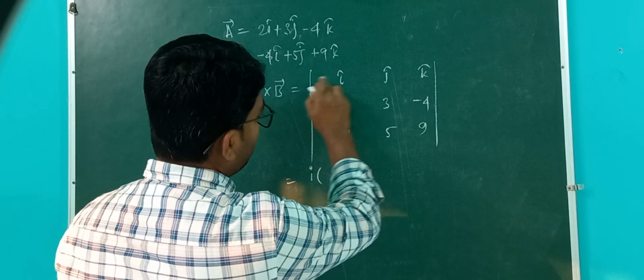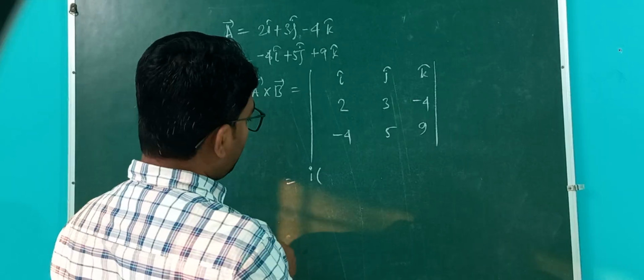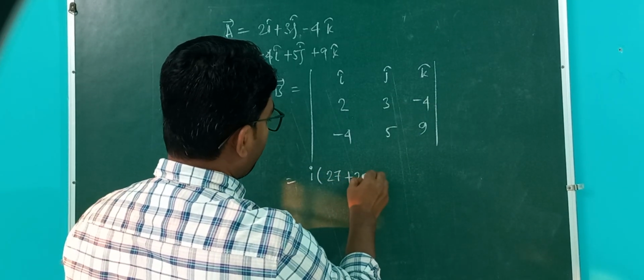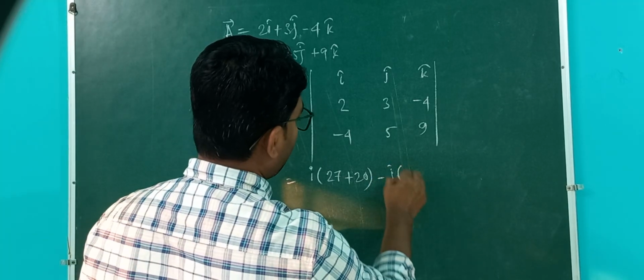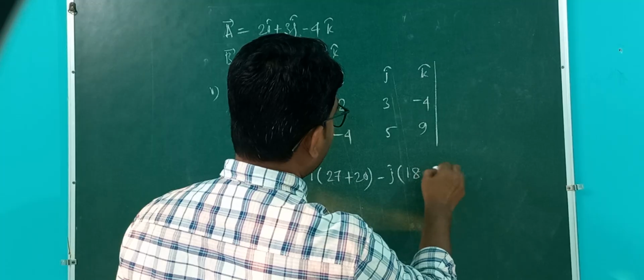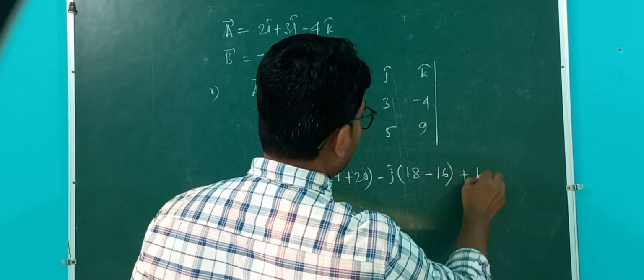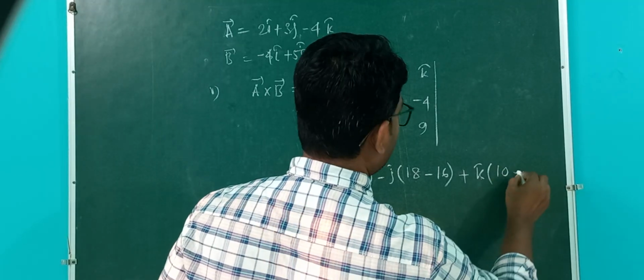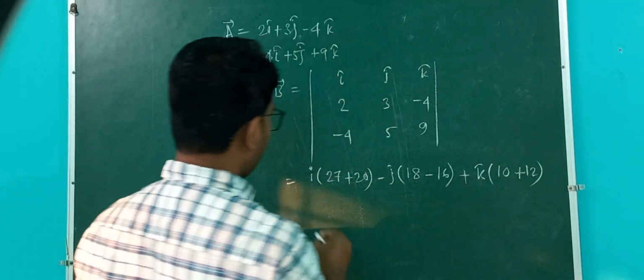Calculating along the first row: i into (27 plus 20) minus j into (18 minus 16) plus k into (10 plus 12).